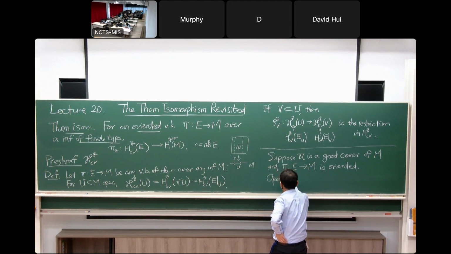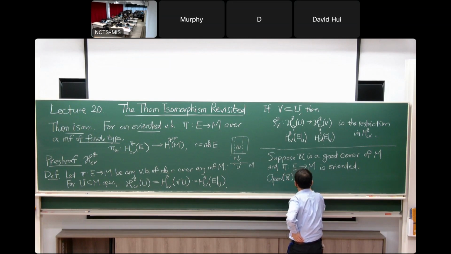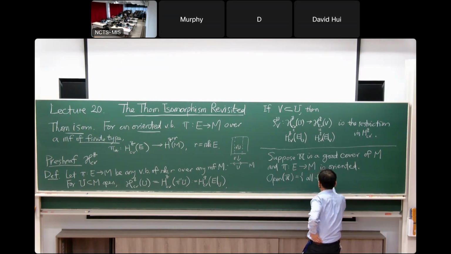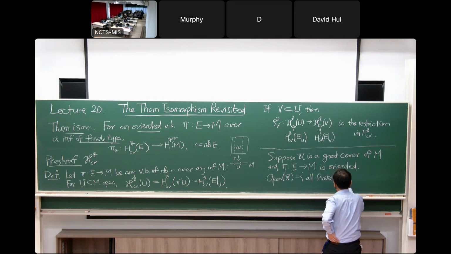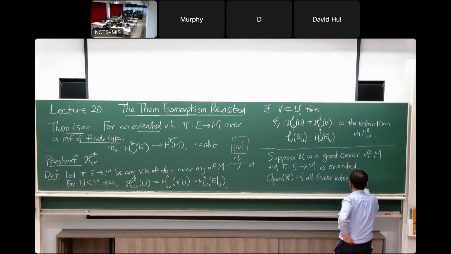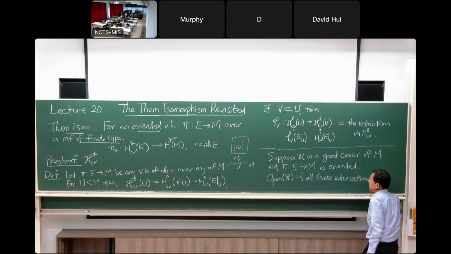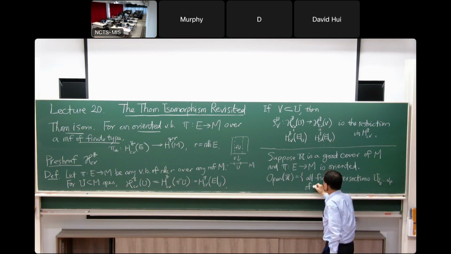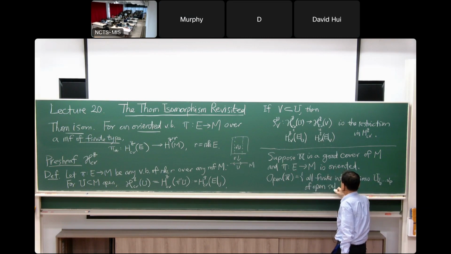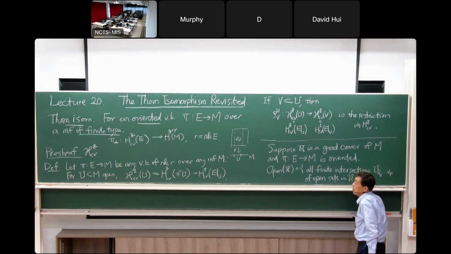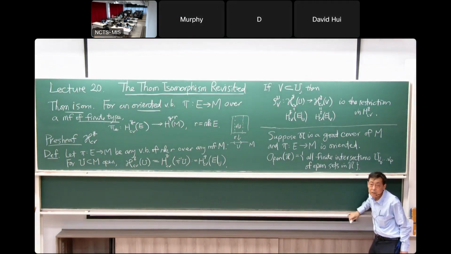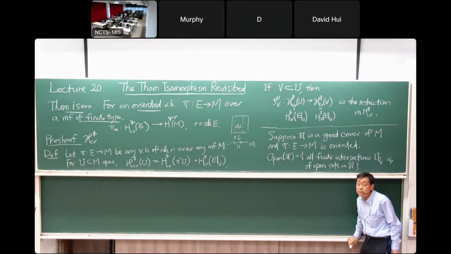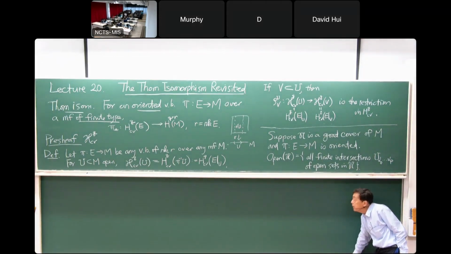So all finite intersections of open sets in U, okay? And because it's a good cover, all of them are diffeomorphic to R^n.